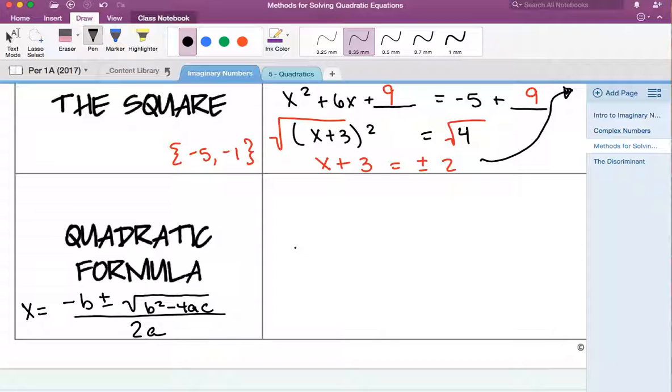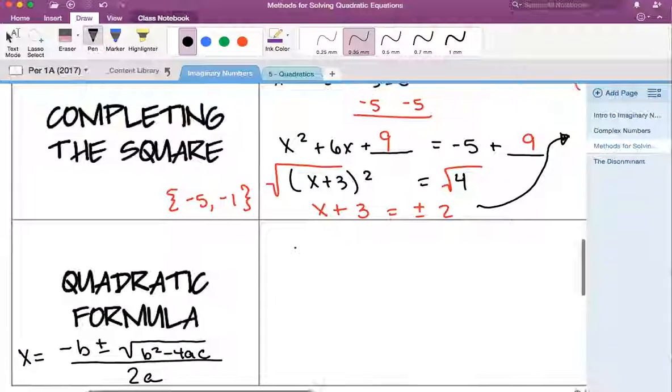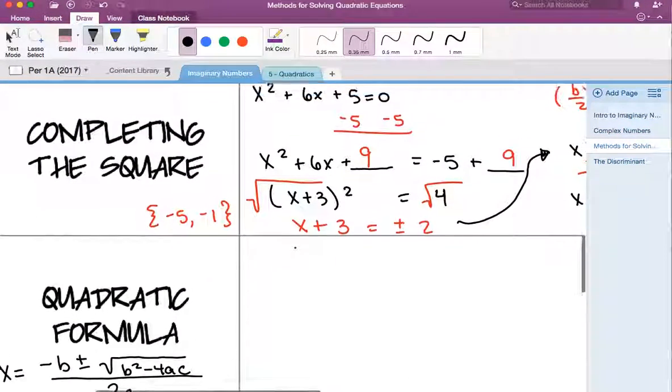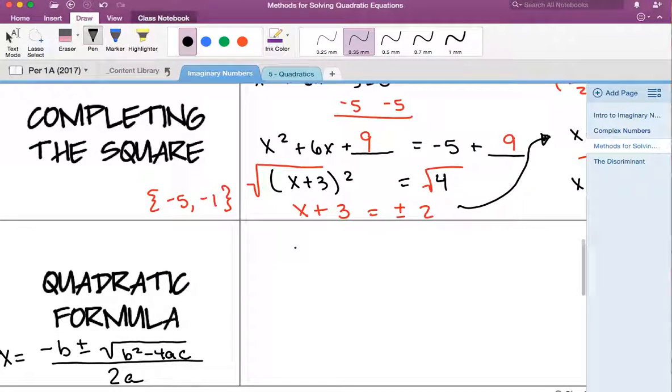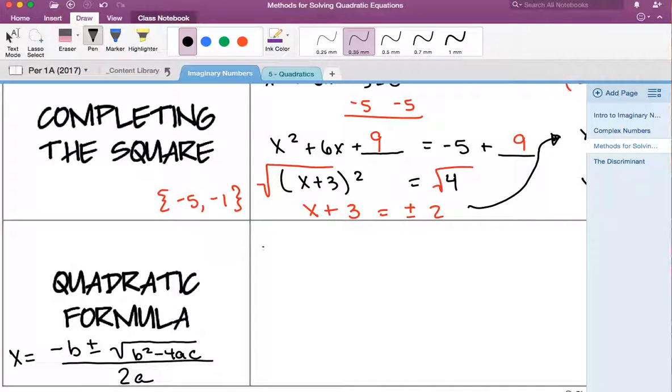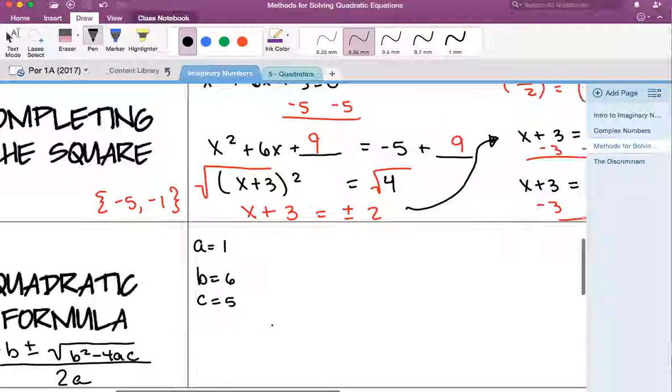And our function that we had up there was x squared plus 6x plus 5. I'm looking at the top. So that means our a is 1. Our b was 6. Our c was 5. So I'll plug them in the formula.